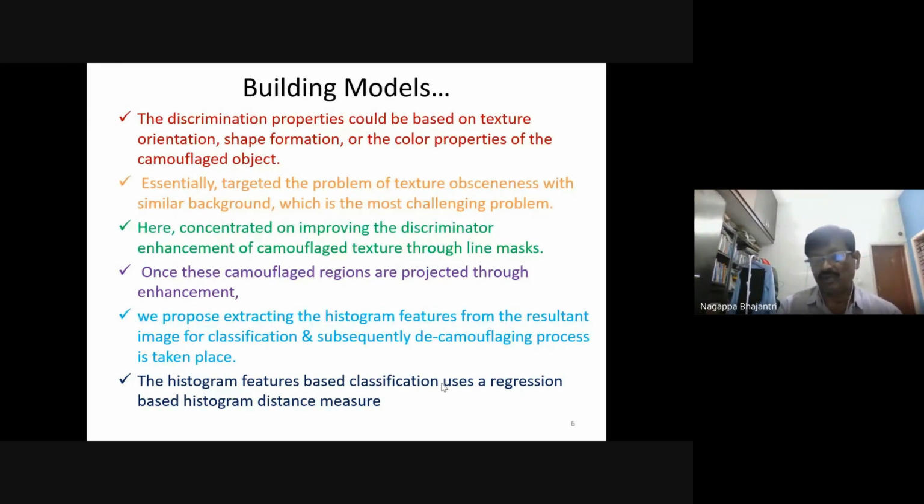With a simple formula, y is equal to mx plus c. Once we construct the regression line, we get a regression line for the normal image and a regression line for the camouflage image.